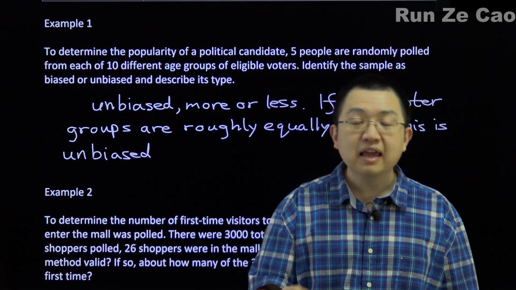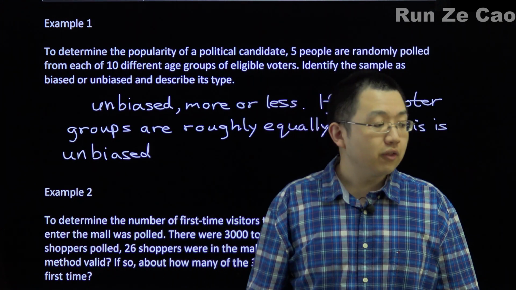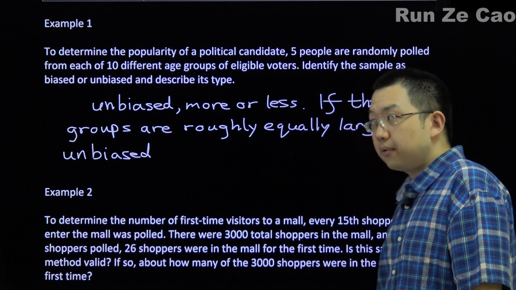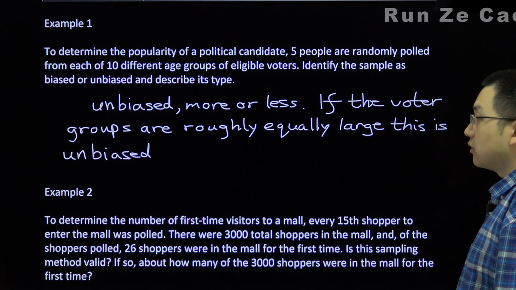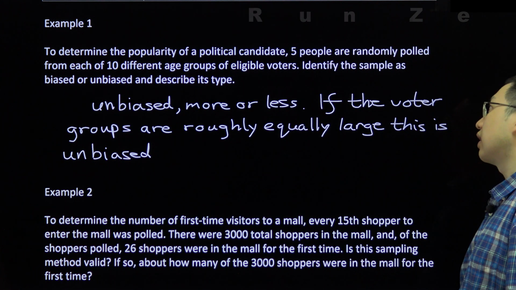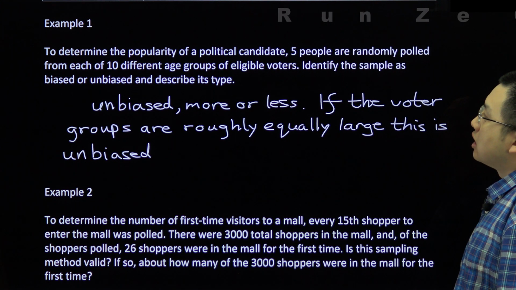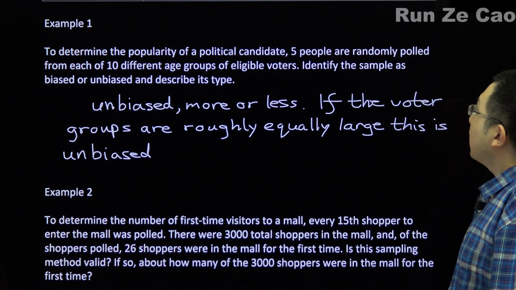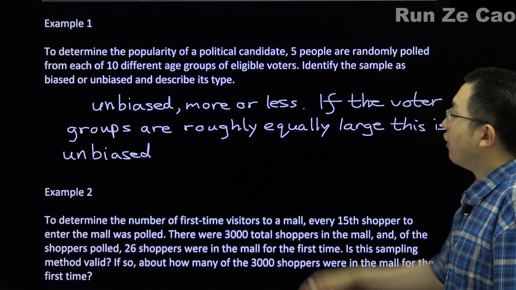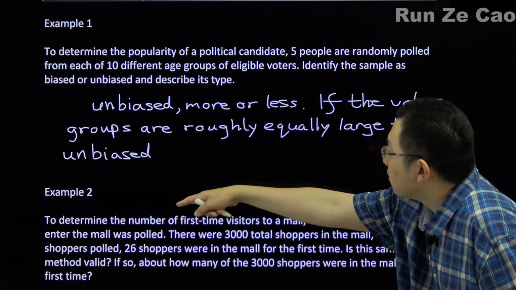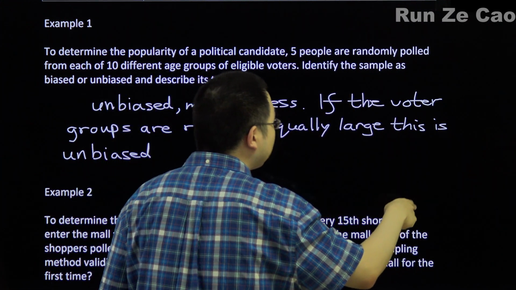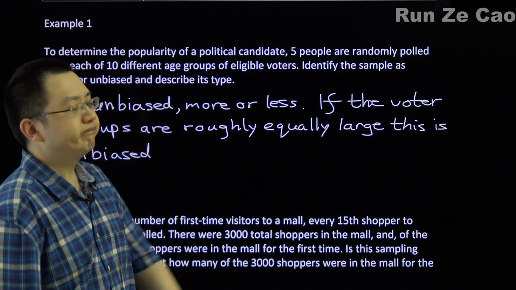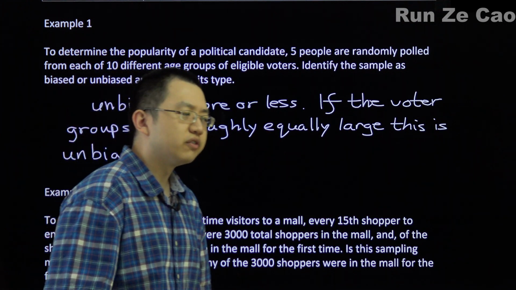But if you define the age groups so that each group is roughly the same size, there's such a thing as rounding error, okay? Like if you're trying to poll 1% of each group, and you're supposed to poll 4.93 people from this group and 5.21 people from this group, yeah, close enough.